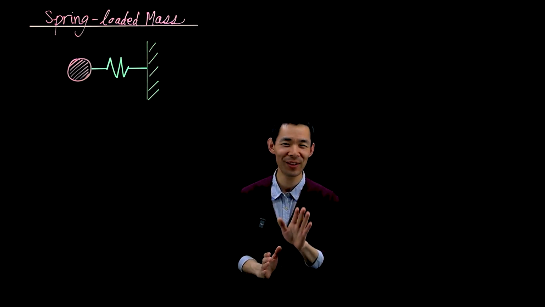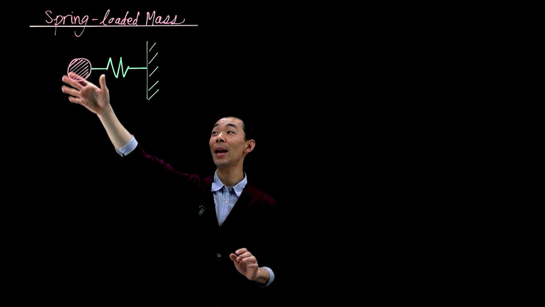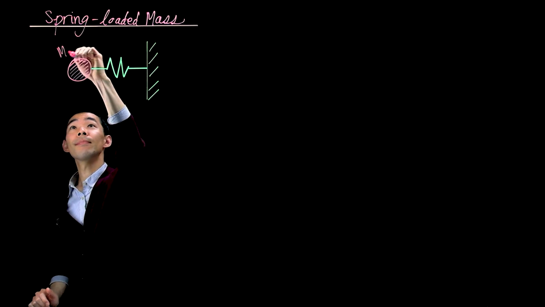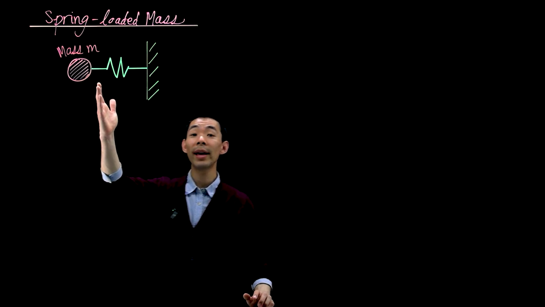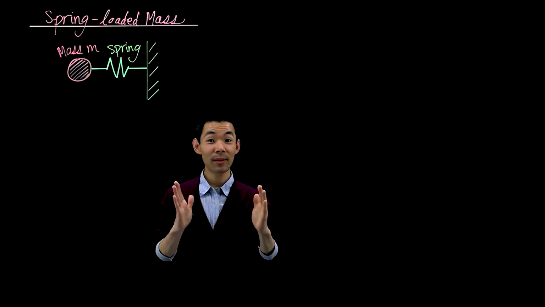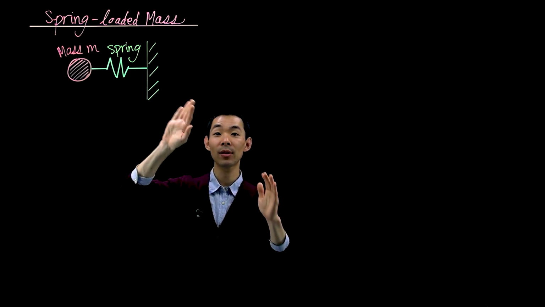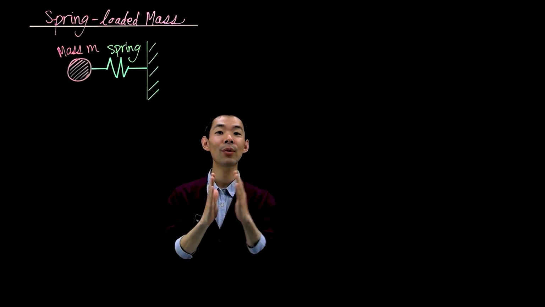So, a primitive physics example: a ball of some mass m that is connected to a spring, and the spring is Hookean, in the sense that when it compresses or stretches, it has some equilibrium resting position that it wants to be around.